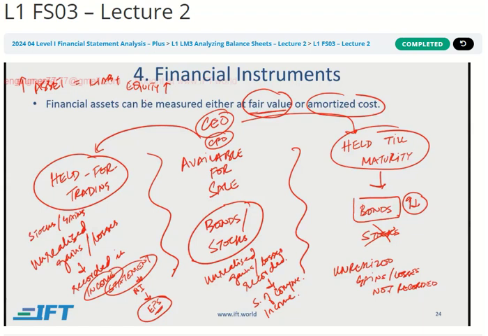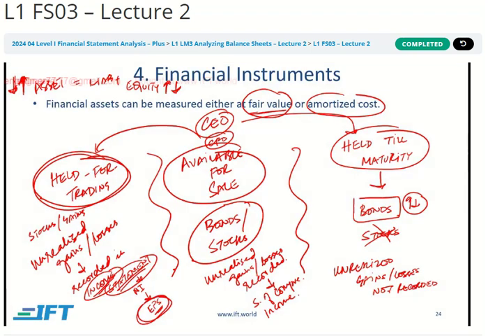The point is that in both of these, available for sale and held for trading, the change in the value is recorded and it impacts your equity. So if the asset is going up, your equity is going up. If the asset is going down, your equity is going down. In held for trading, it passes through the income statement, so it's even impacting your income and EPS.